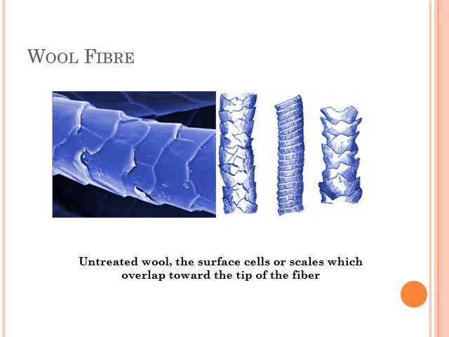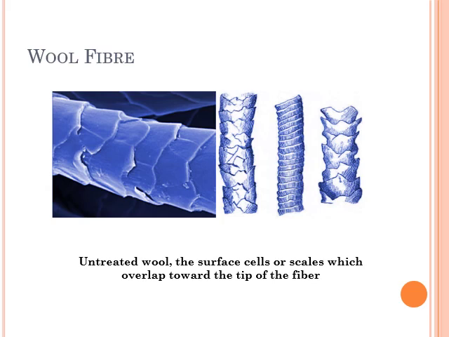As the diameter of wool fiber increases, the number of crimps per unit length decreases. The number of crimps per unit of length may be taken as an indication of wool fiber diameter or wool fiber fineness.